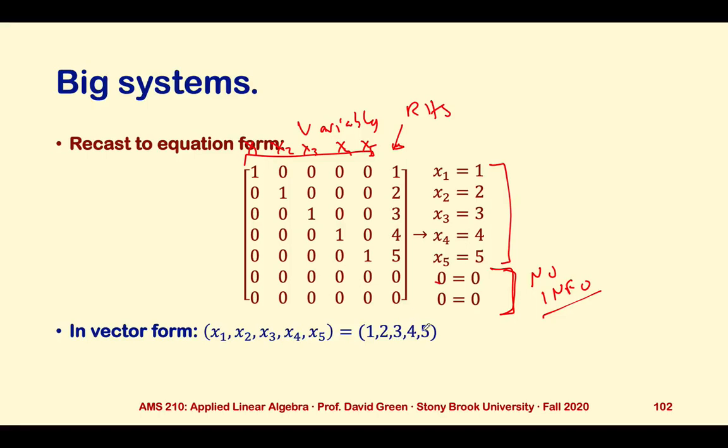Even though it was contrived to have a lot of zeros to show up and to minimize the work, we still see that this was a fair bit of work to solve by hand in this very large system. But it would have been even more challenging, more frustrating to work with if we were trying to do that in a systems of equations form.